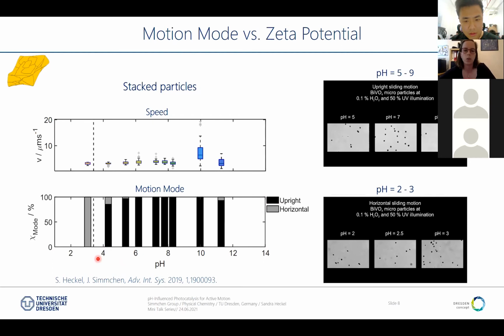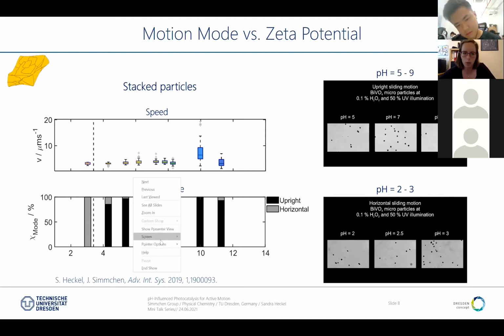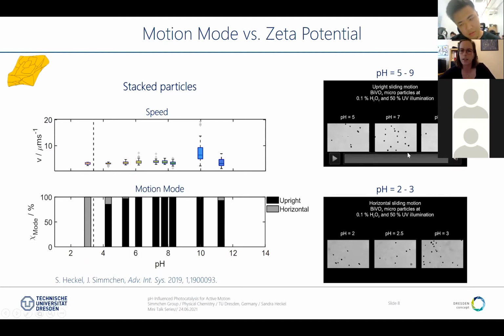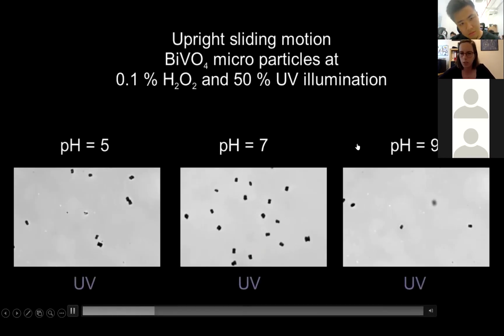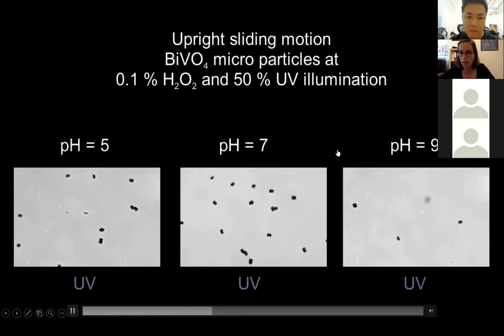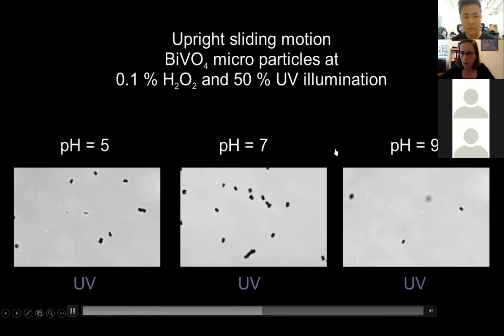If we go below the point of zero charge, so if we make the particles positively charged, then you can see they perform a different kind of motion that we call horizontal, which essentially means they don't do this upright motion anymore. I can illustrate this. So here we have neutral and alkaline solutions, and you see as soon as light is shining, the particles stand up and move.